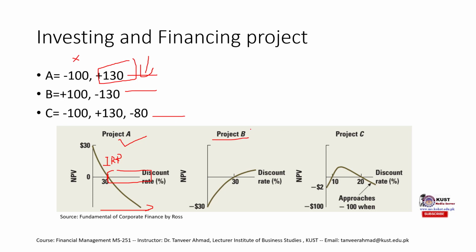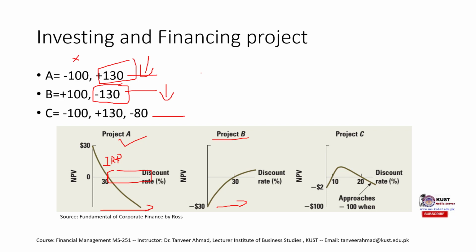In project B, it is opposite. As we increase the discount rate, the NPV would increase and would turn out to be positive. Why is that so? Because once we increase the discount rate, this negative cash flow, its present value would decrease. And as it would decrease, the NPV would increase.